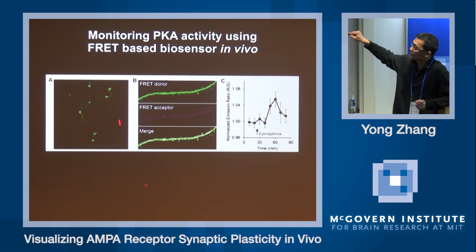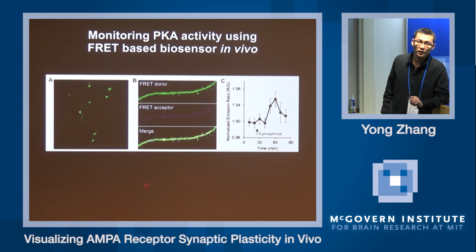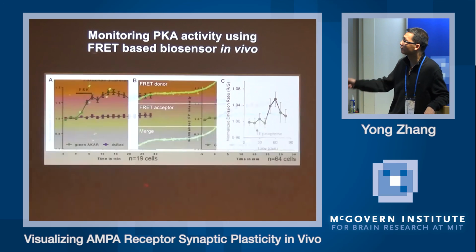As shown here, those are, again, transfected neurons. And here's the signal from the donor. Here's the signal from the acceptor. And using another paradigm, epinephrine injection can also lead to an increase in the PKA kinase activity. There is an increase. Indeed, in terms of proof of principle, those FRET sensors can be used under in vivo conditions.